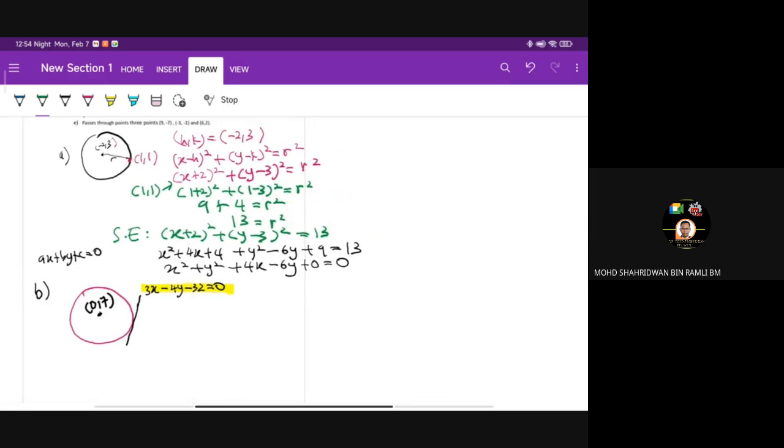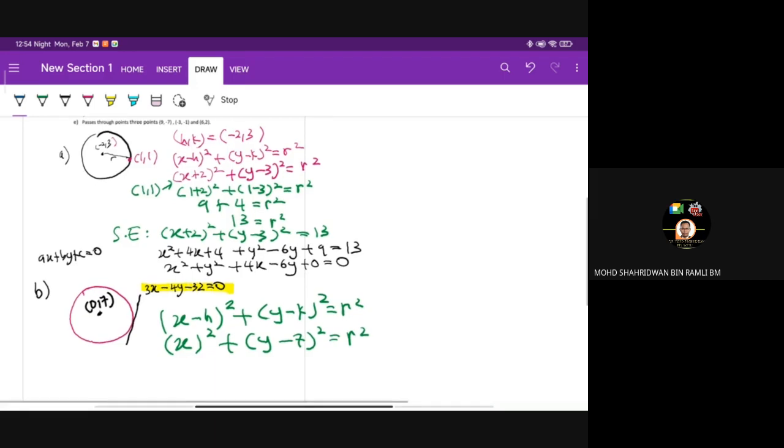When you apply the standard equation (x - h)² + (y - k)² = r², with x - 0 being x, you get x² + (y - 7)² = r². Then we need to find this distance, the radius.